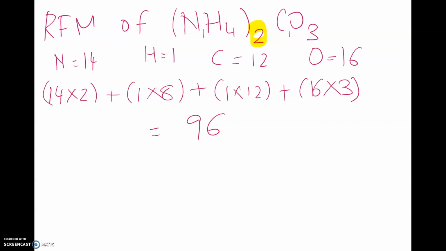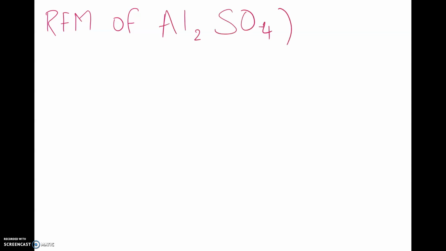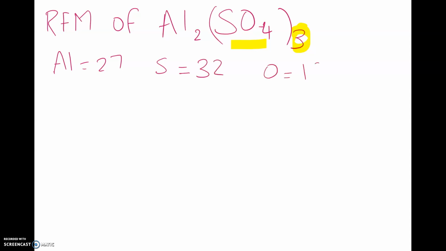I'll show you one more complex example. You do the relative formula mass of Al2SO4. So remember again, you have this to multiply with this bracket. Al is 27, S is 32, O is 16.